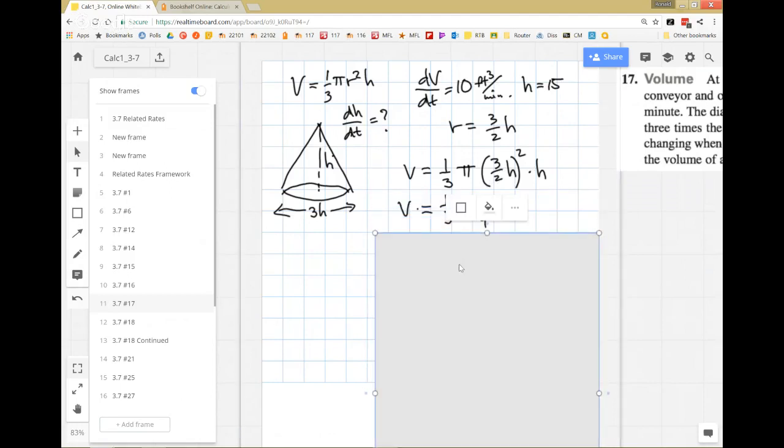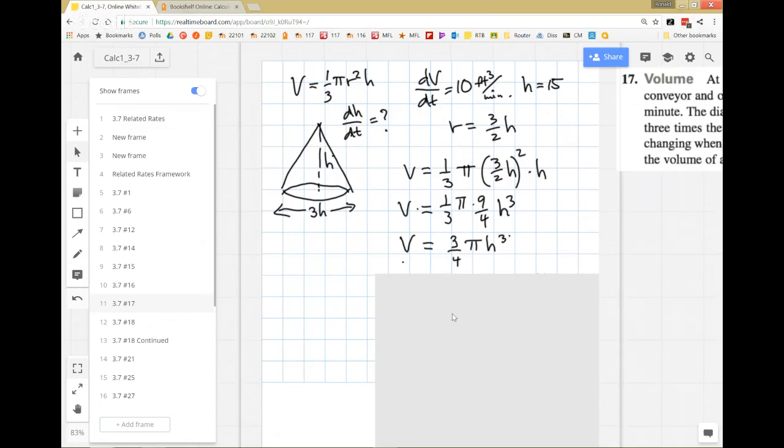And after we square it, we arrive here. And we can simplify that too, because what's 1/3 times 9/4? When you take 1/3 times 9/4, 1 times 9 is 9, 3 times 4 is 12. 9/12 can be simplified to 3/4. So finally, I've got this thing in shape to do our differentiation.